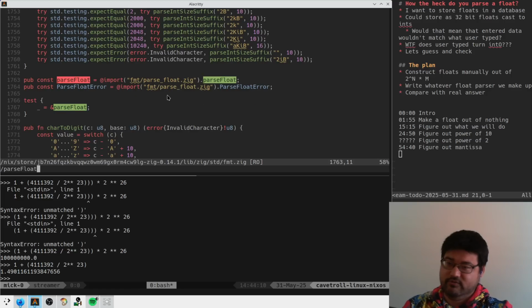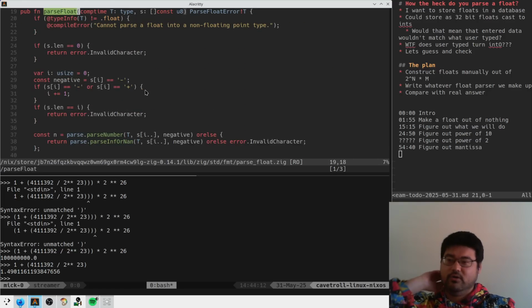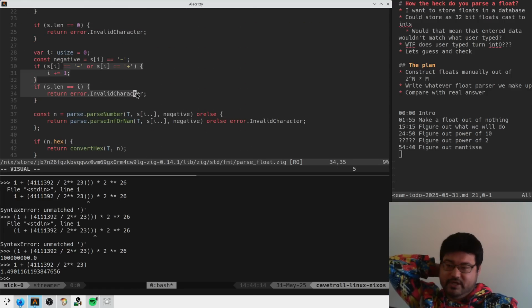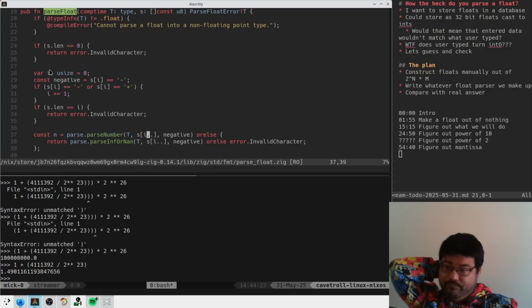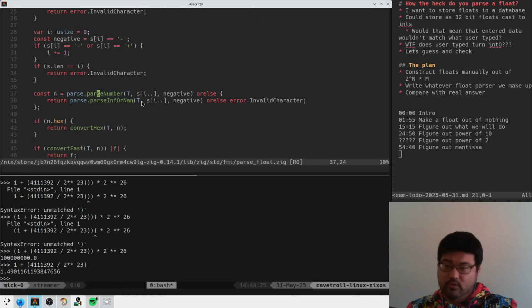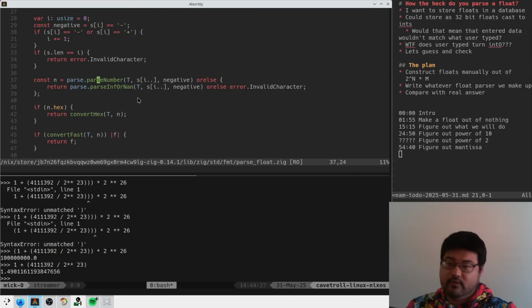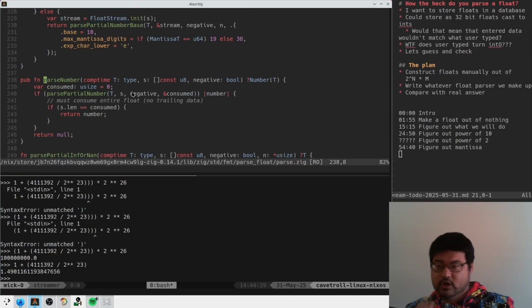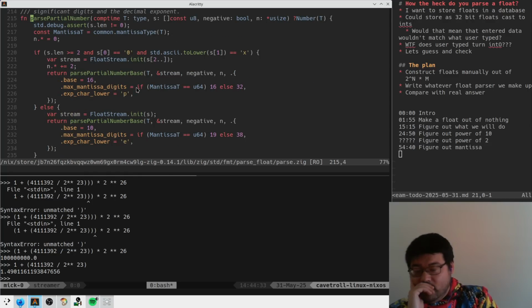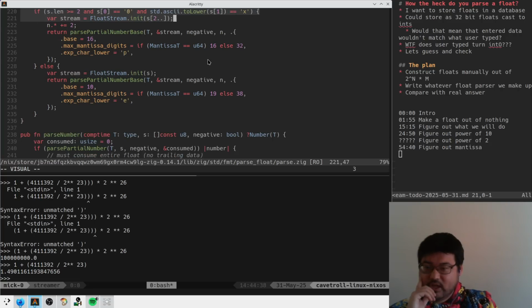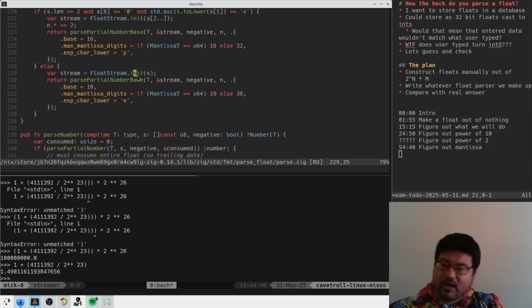Format, parse, float. So what do? They parse the negative. They parse the number onwards. So parse partial number of this guy. They have special hex handling, but then they have a float stream.